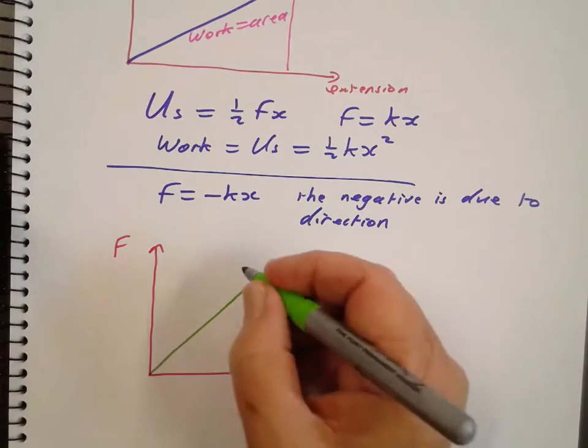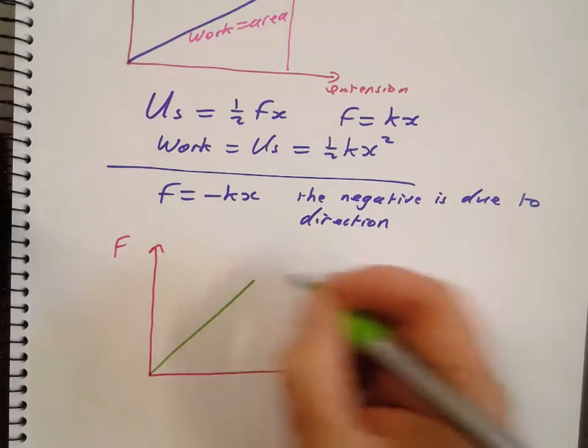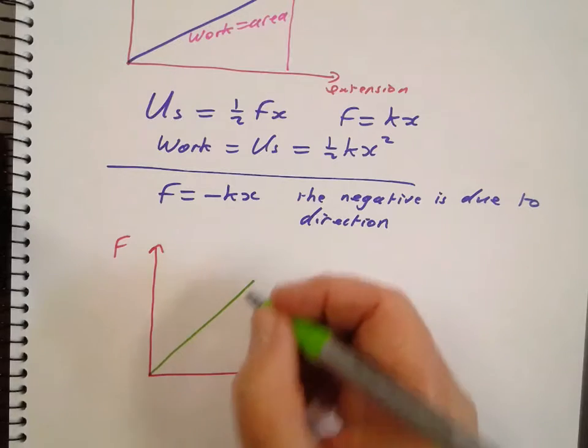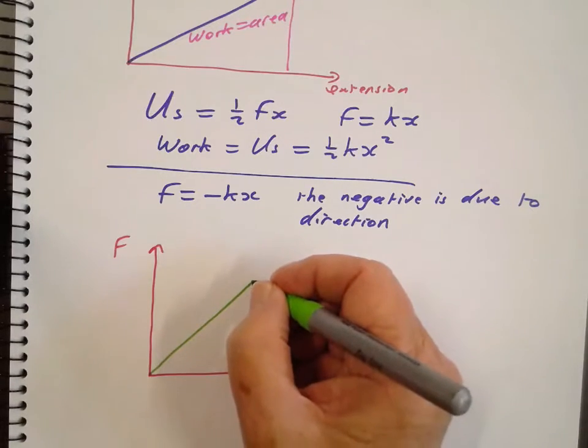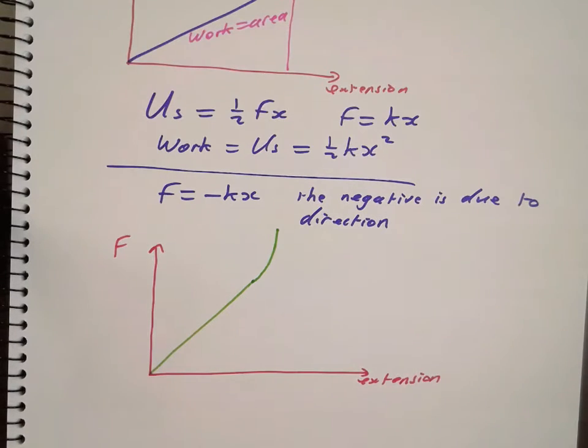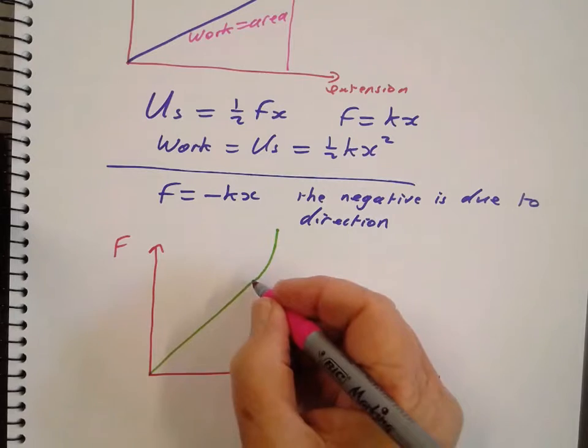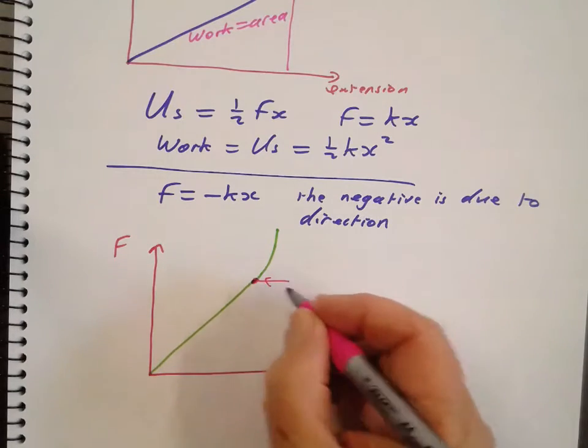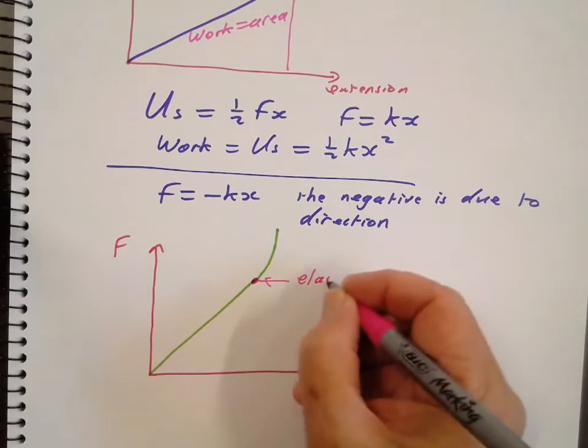Okay, any sort of springy system, especially something like a rubber band, tends to start with a fairly straight area and then tends to move upwards. That's because it becomes much more difficult to actually extend. Where it changes direction is called the elastic limit.